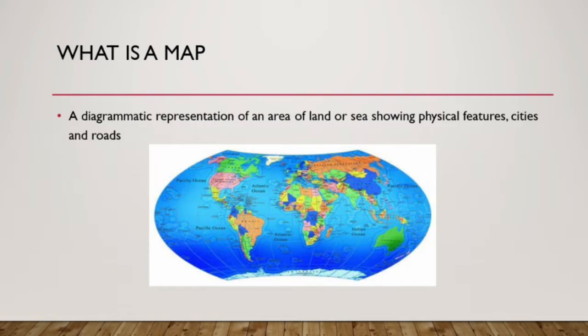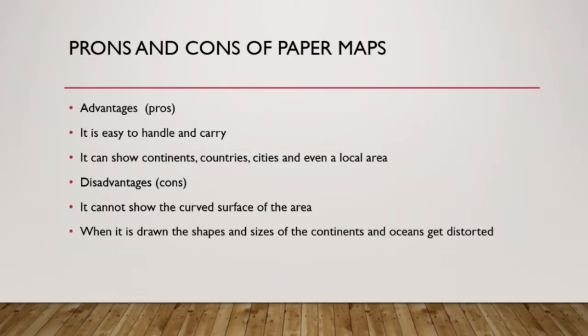So now students, let's discuss the pros and cons of paper maps. Paper map, for example, is when you take a piece of paper and there you find a map, and most paper maps are used by tourists.